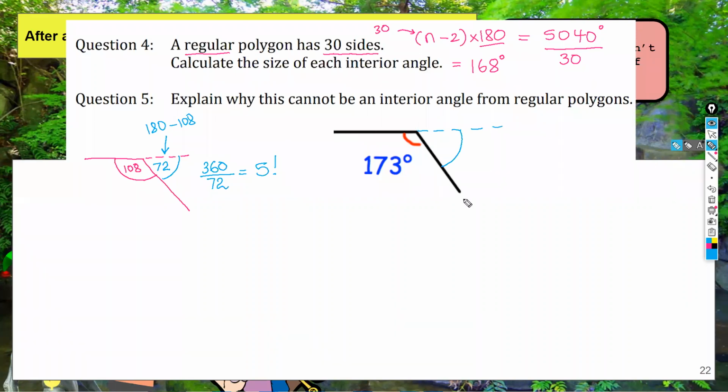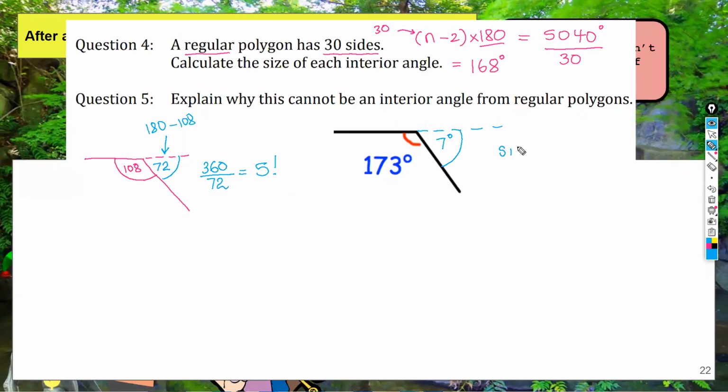You have another shape. We don't know how many sides it has. All I know is the interior angle is 173. The exterior angle would be 7 degrees. I think we could all agree with that, because 7 plus 173 gives us 180.